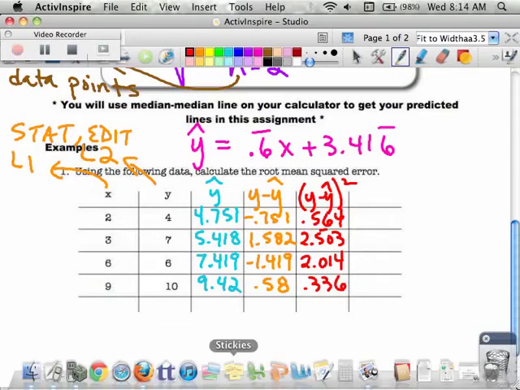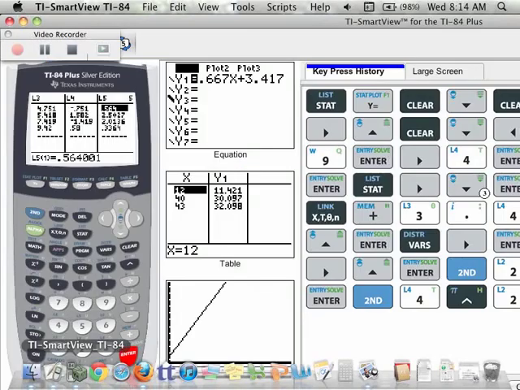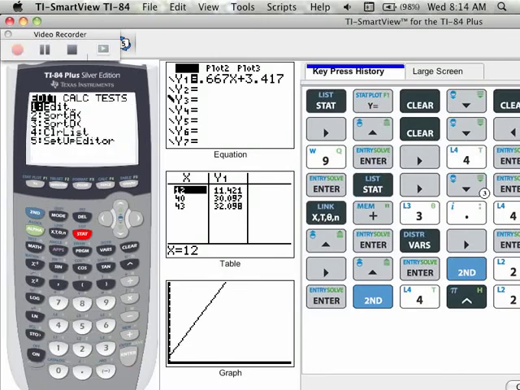So I go to my calculator, and this time I go stat, calc, enter, and I want to do some one variable statistics, which means tell me about this list. Which list was it? 5. So I go second, number 5.